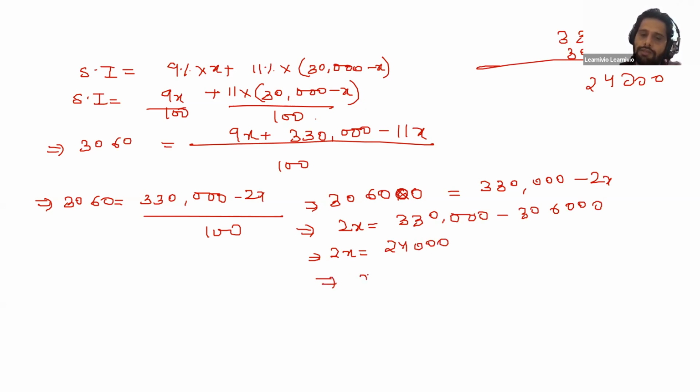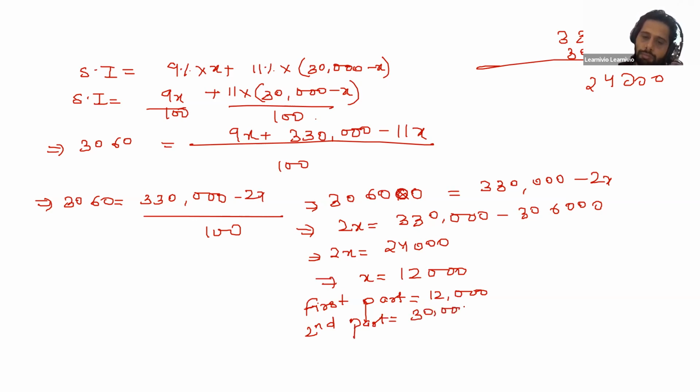And here we will get x is equal to 12,000. Okay, x is 12,000. So the first part is equal to 12,000 and the second part is equal to 30,000 minus 12,000, which will give you 18,000.